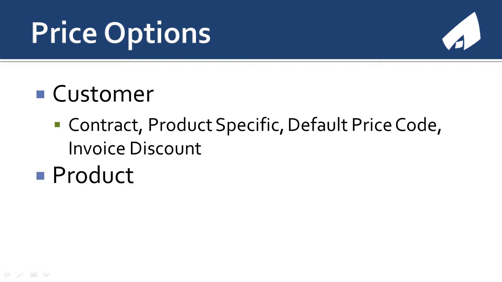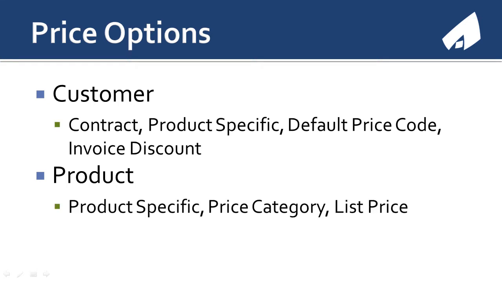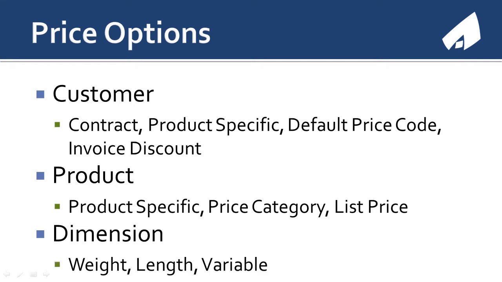If your business relies more on product-specific pricing, we also have product-specific, price category, and list price available. We also have other customers who utilize dimension-based pricing. This is going to be your weight, length, and variable pricing structures. In the past, I've had customers use a mix of all three.